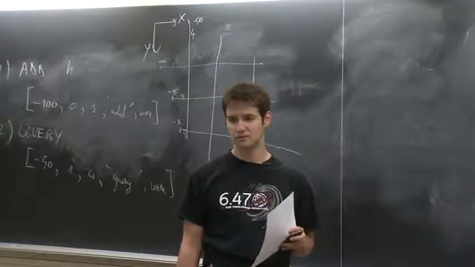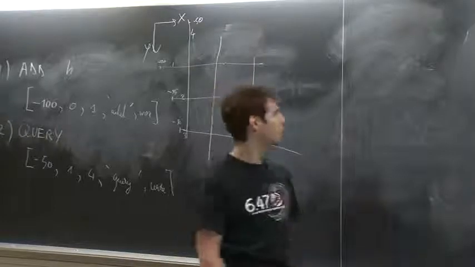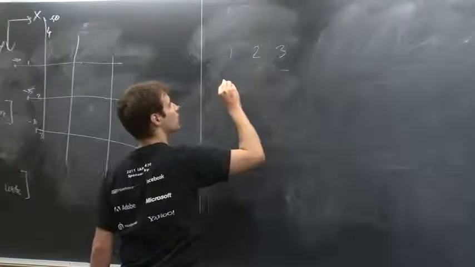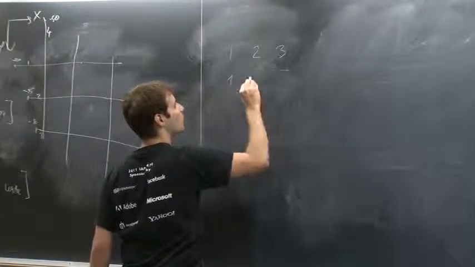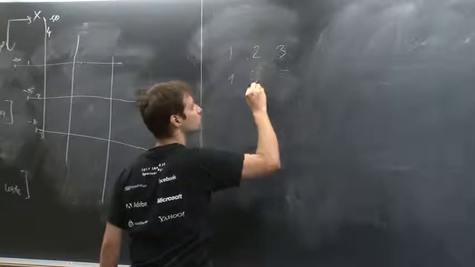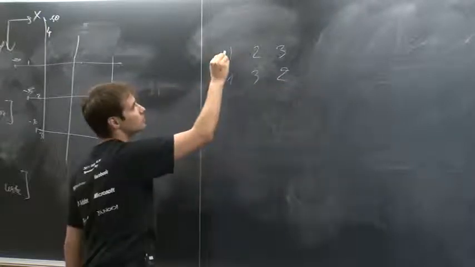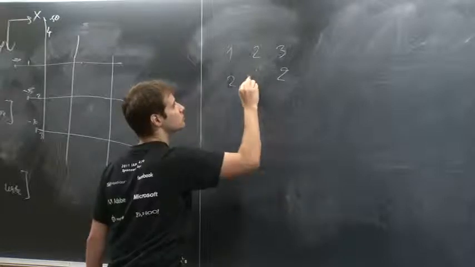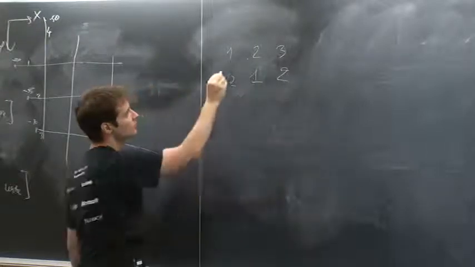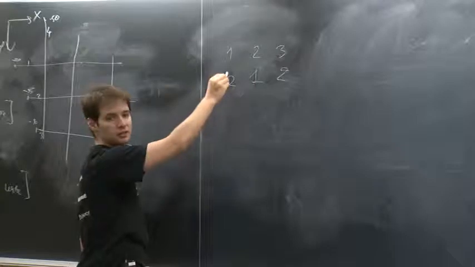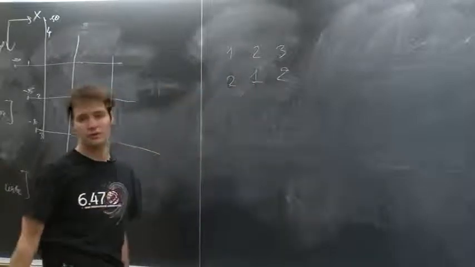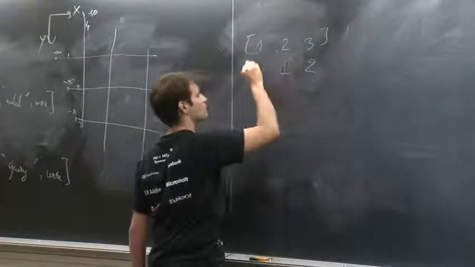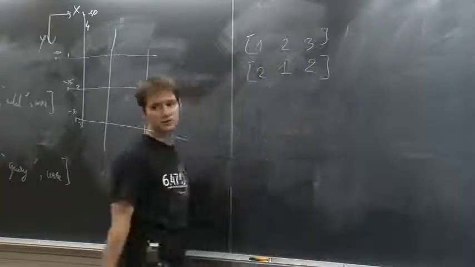So say if I have 1, 2, 3 and 1, 3, 2. Sorry, and 2, 1, 2. So it's going to look at the first element, and if they're different, then the one with the smaller element is smaller. So 1, 2, 3 as a list is smaller than 2, 1, 2 as a list.